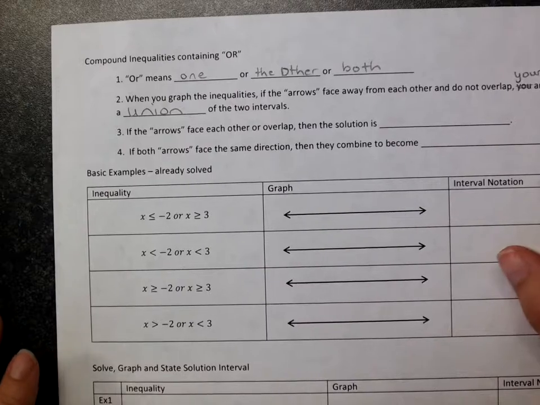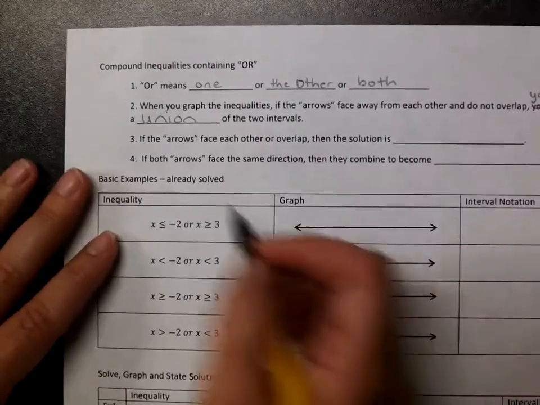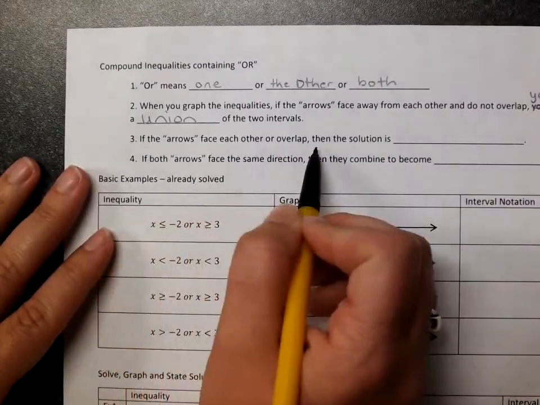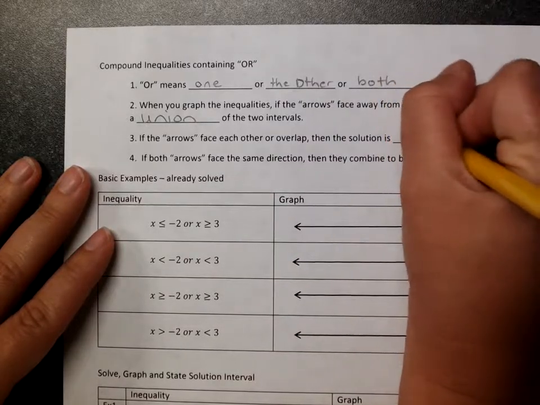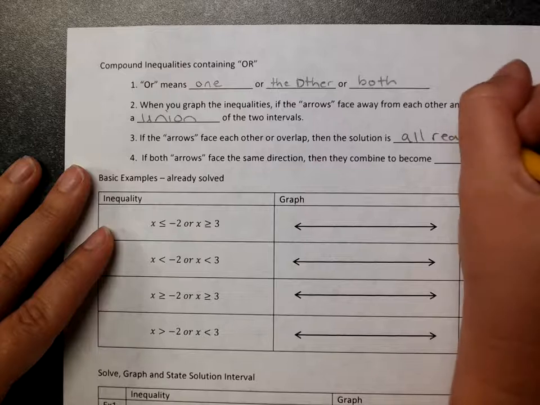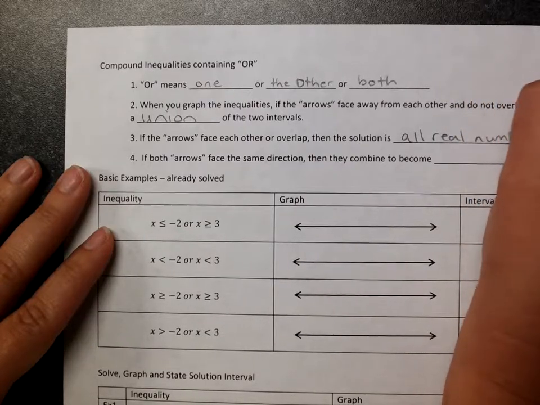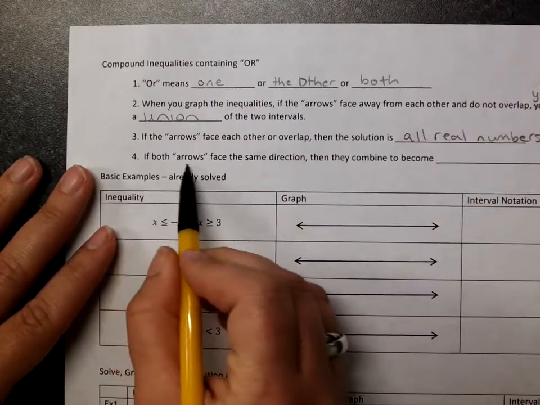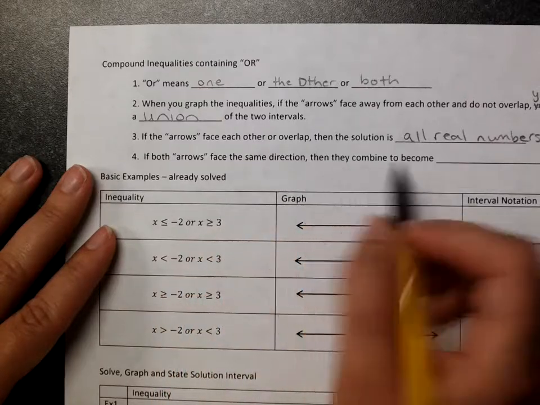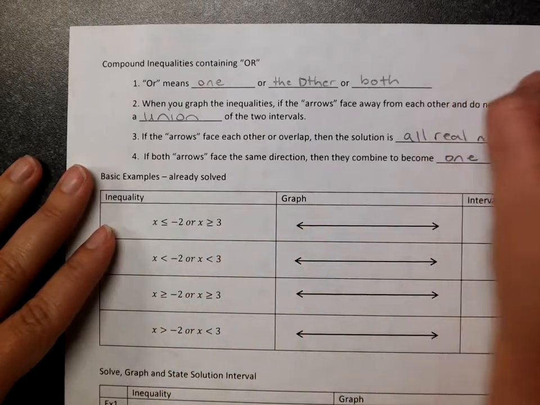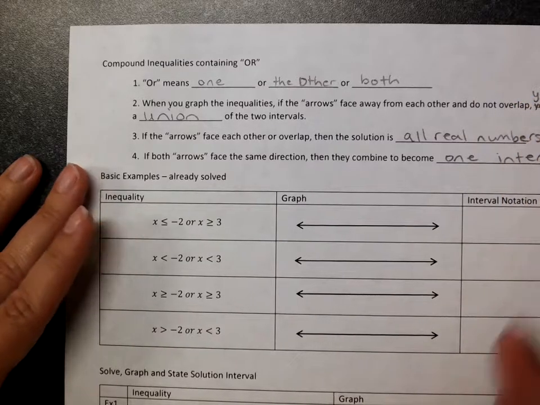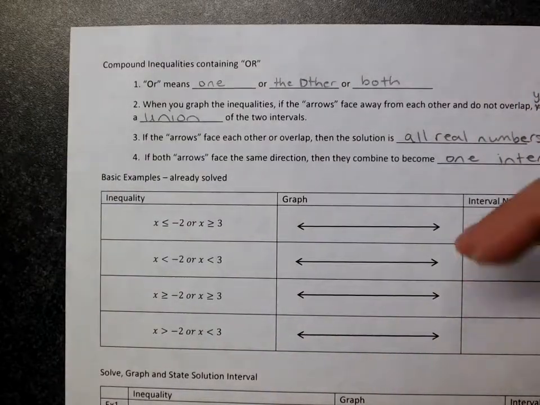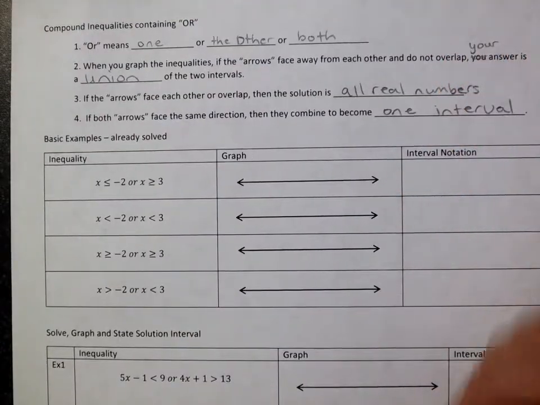If the arrows face each other and overlap, then the solution is all real numbers. If both arrows face the same direction, then they combine to become one interval. Again, we'll look at these different choices and see how they play out on the number line, and then we'll do some solving.